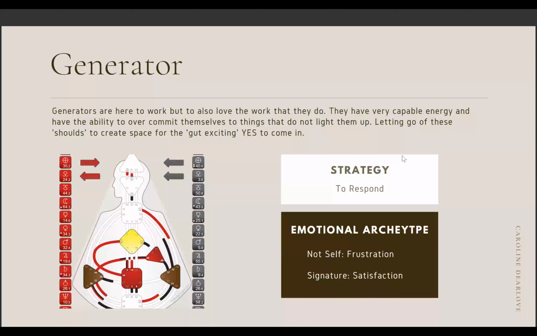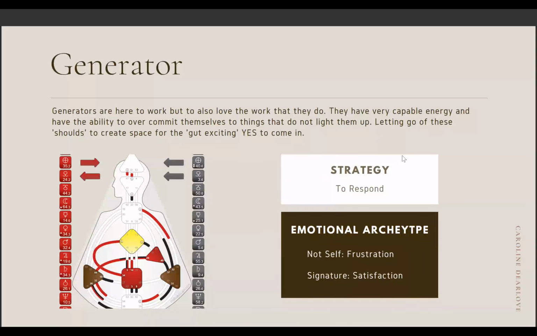Your signature is satisfaction. Now, for a lot of generators, they don't like this word, satisfaction. It sounds very mediocre. And what I would love to invite you to do is to fall in love with satisfaction. You may even want to find a synonym, another word that means the same as satisfaction, but sounds different, and you connect on a much higher level to it.